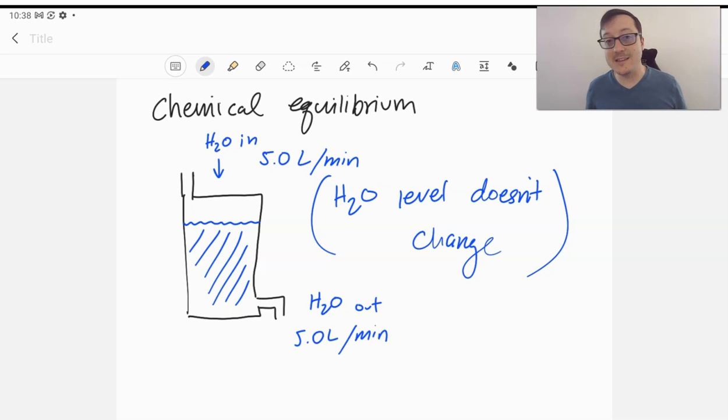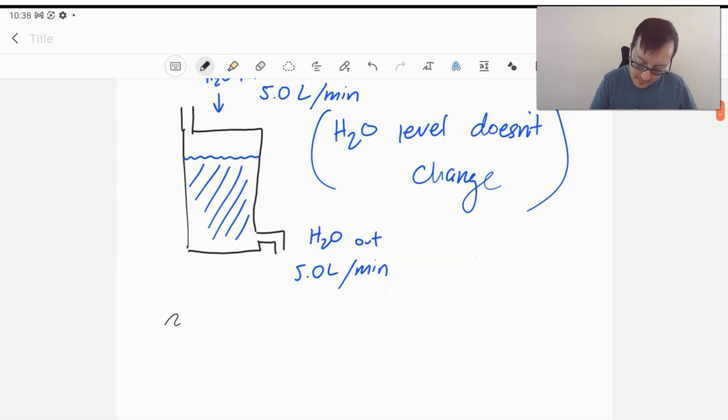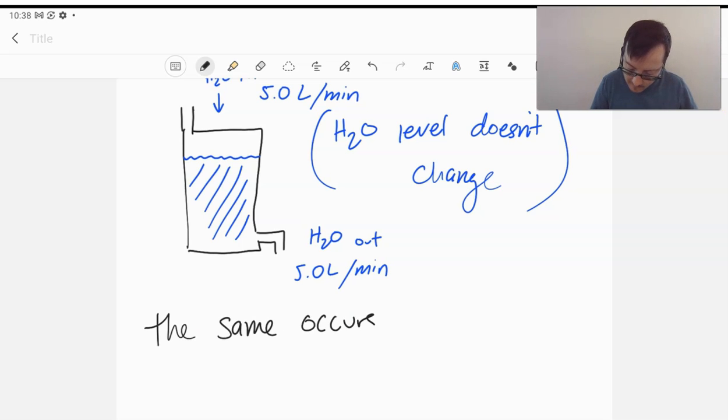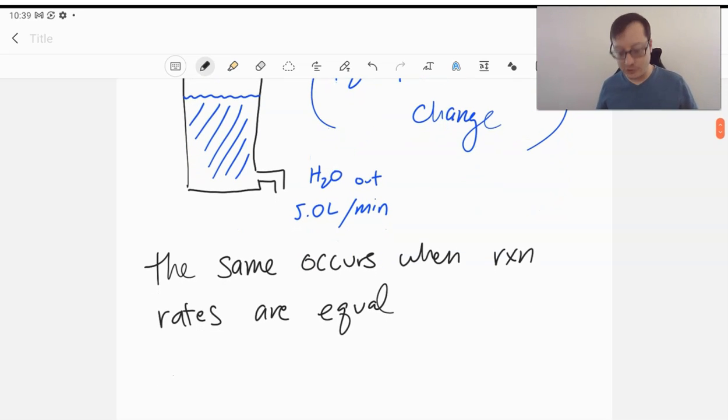And we're going to see that this is the same case for chemicals in chemical reactions. The same occurs when reaction rates are equal. And specifically here, we're looking at forward and reverse reactions.